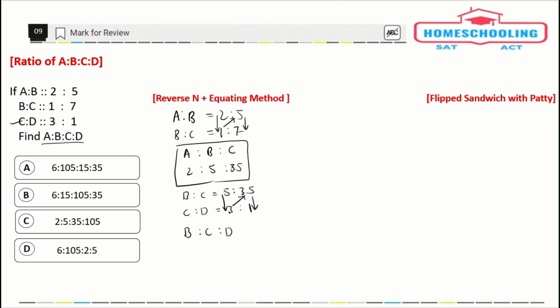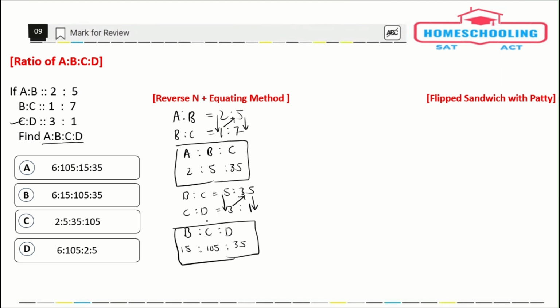B is 5 into 3, 15. C is 35 into 3, 30 into 3 that is 90, plus 5 times 3, 15. So 90 plus 15, 105. And D is 35 into 1, 35. So we have found these two ratios using the reverse N method.